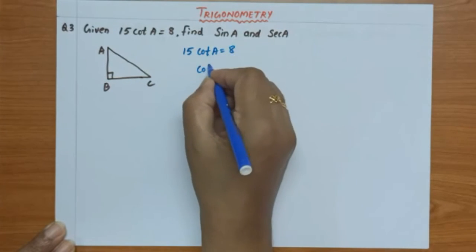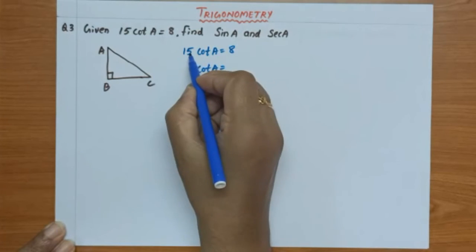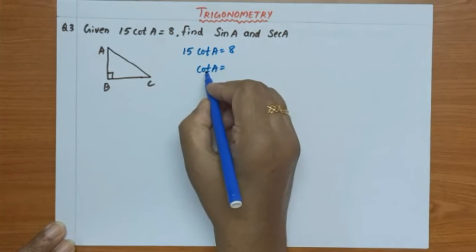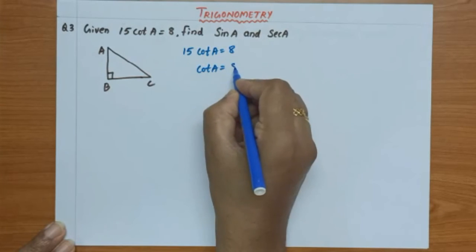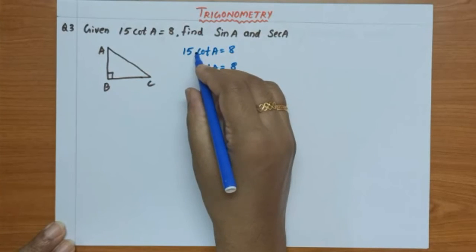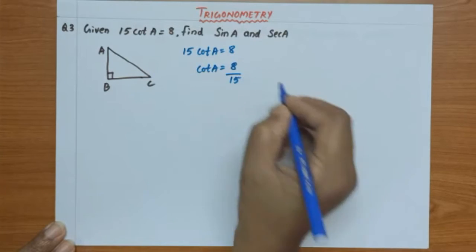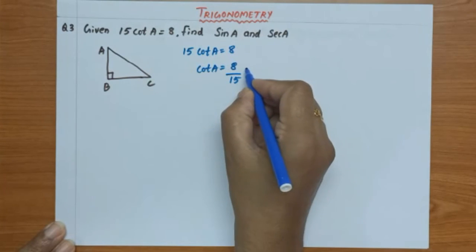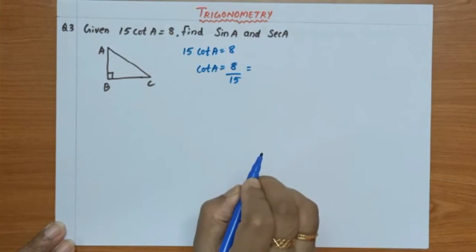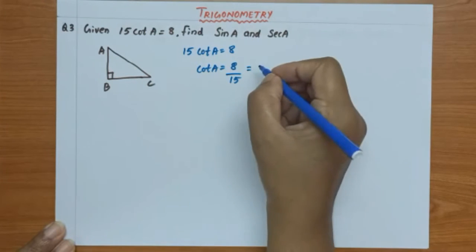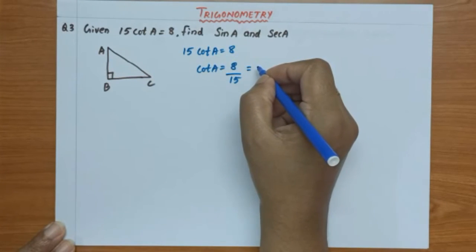So cot A we can find out from here. 15 cot A means 15 multiplied by cot A. So cot A equal to 8 by 15, since multiplication going to another side will become division. And cot A is the inverse of tan A. So cot A is adjacent side by opposite side.